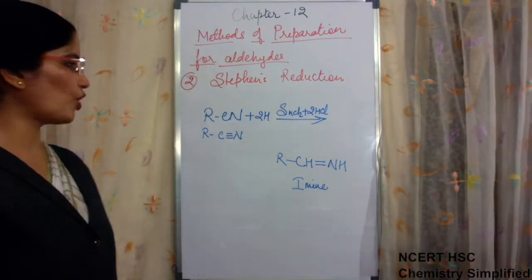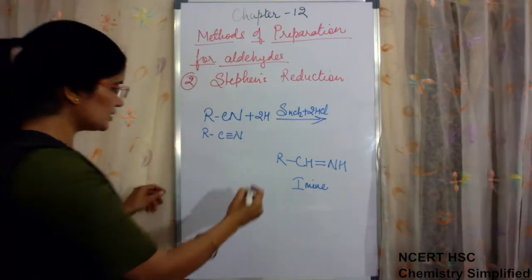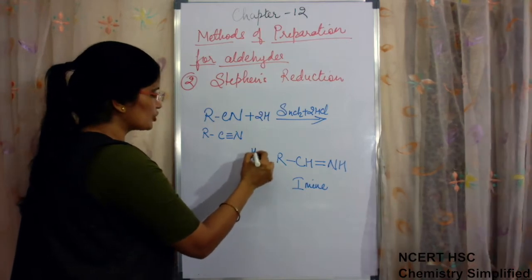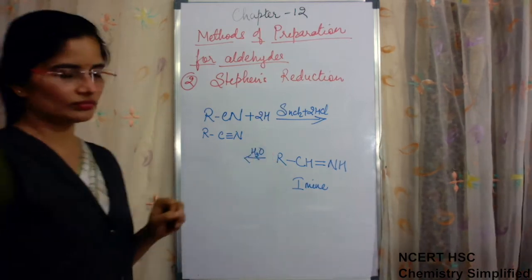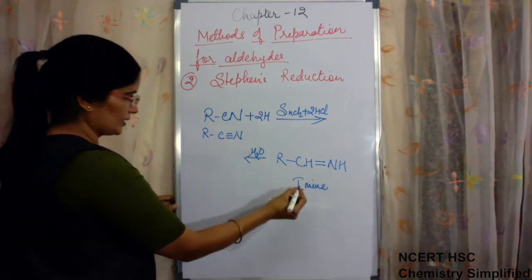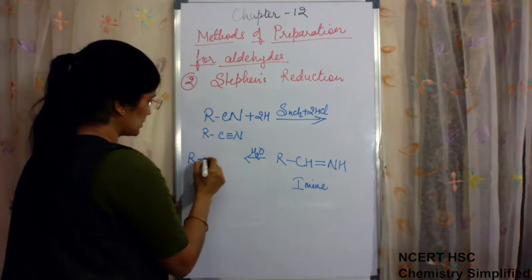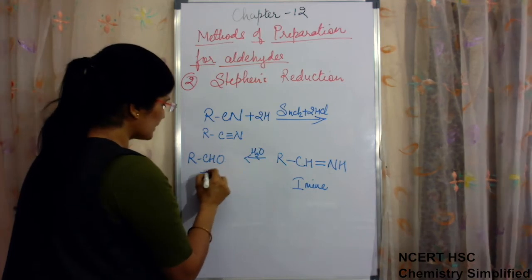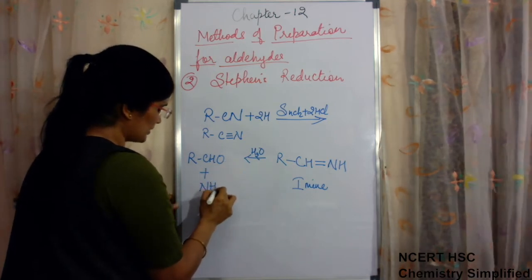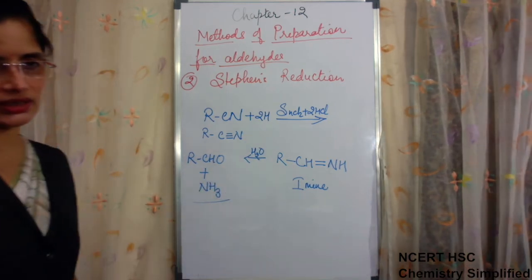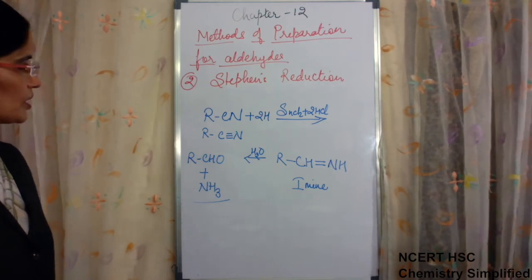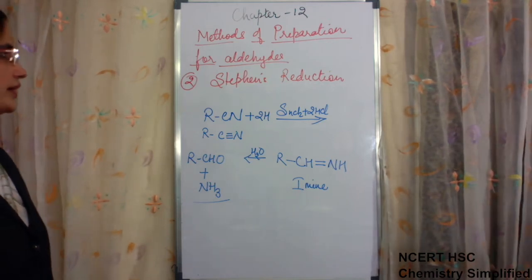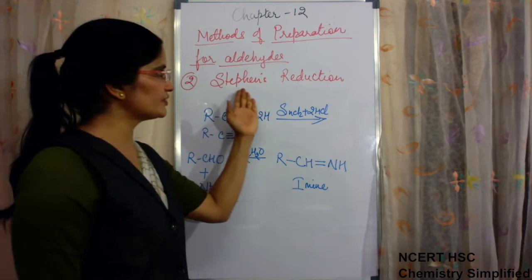So imines are formed in this reaction as intermediate, which on further hydrolysis will give RCHO, plus ammonia is produced as byproduct. Okay, so this reaction or reduction is known as Stephen's reduction.